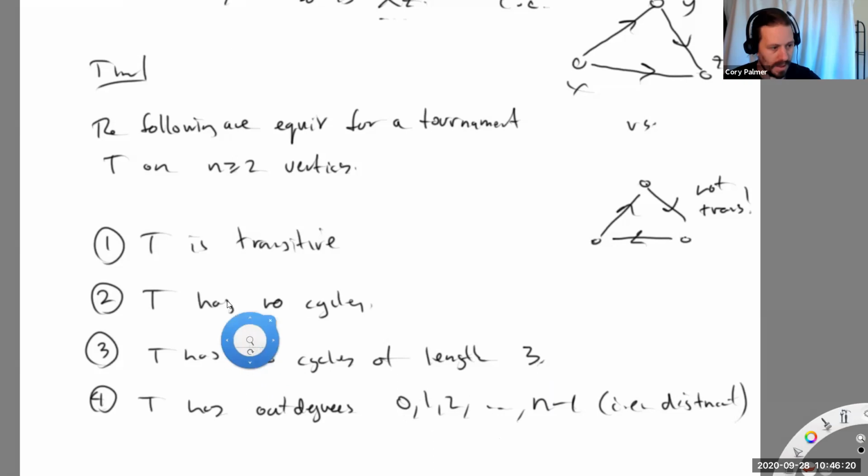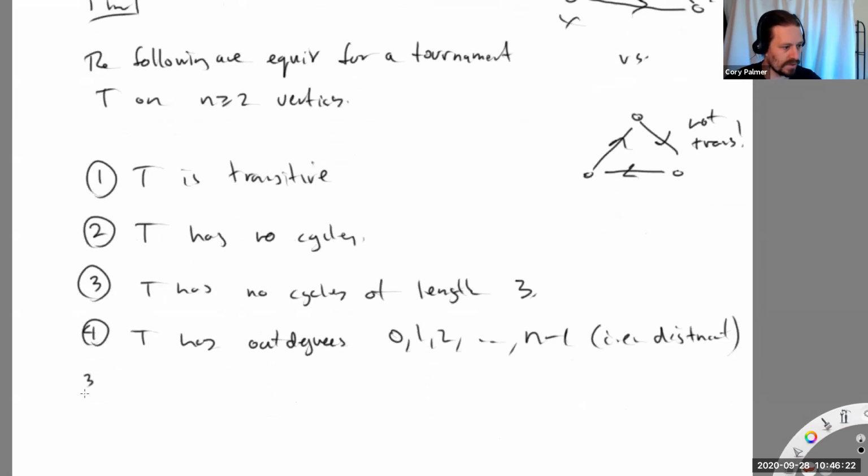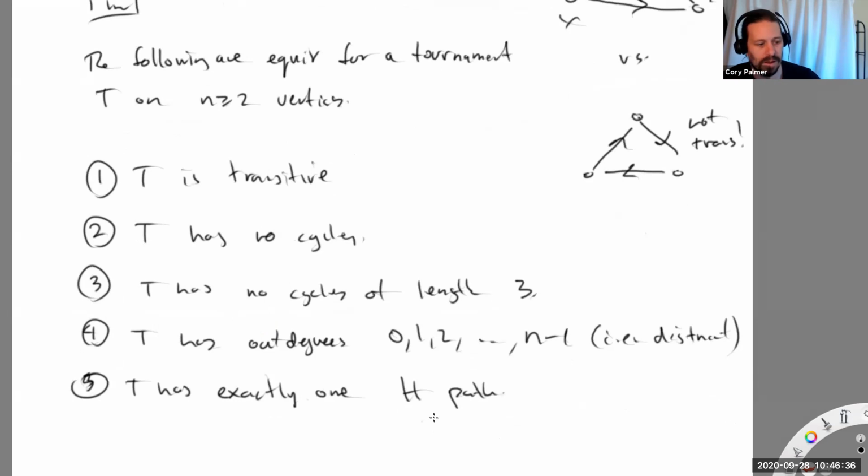And then one interesting one here, number 5, is that T has exactly one Hamiltonian path. That's pretty interesting too. If you have exactly one Hamiltonian path, that also suggests a way of making a ranking.